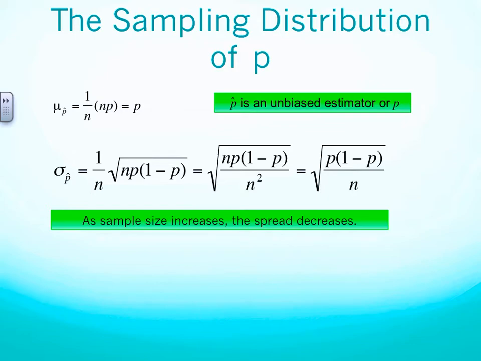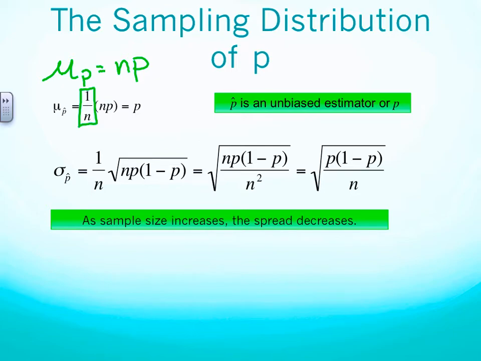So for our mean for our binomial random variable, we used this form: the number of trials times the probability of success. Okay. Of course, here we're dealing with a sample, not an entire population. So because you're dealing only with part of it, we're going to take only a fraction of it.